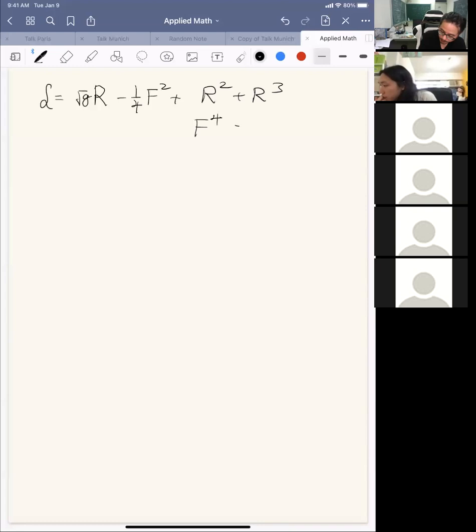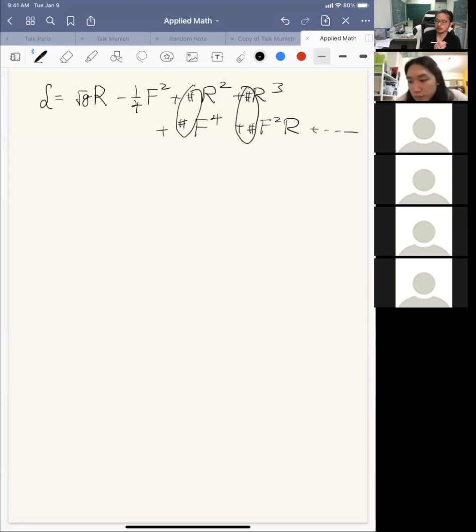We could have, for example, F squared R, and so on and so forth. With all of these with unfixed coefficients, right? We discussed in the beginning of the class that these are all unfixed coefficients, and so basically, going beyond Einstein gravity, the question becomes what is the principle that fixes these coefficients, right?